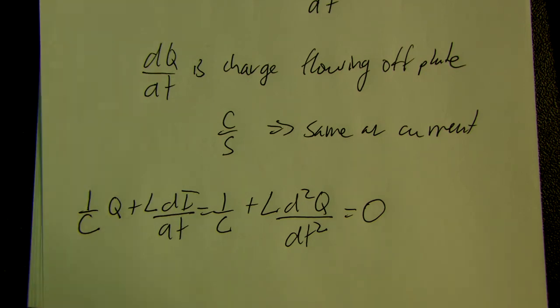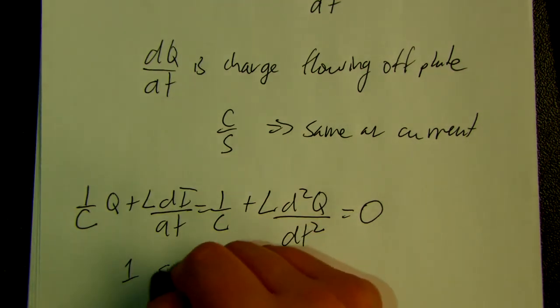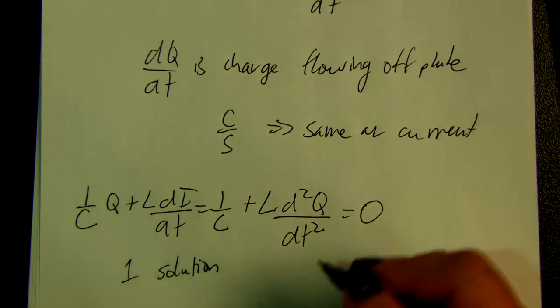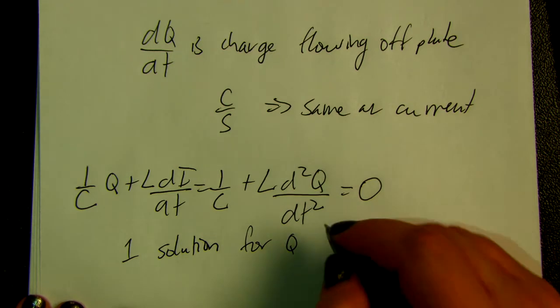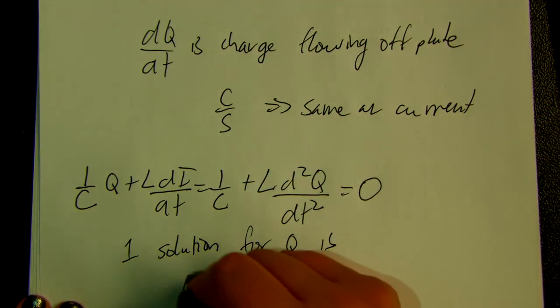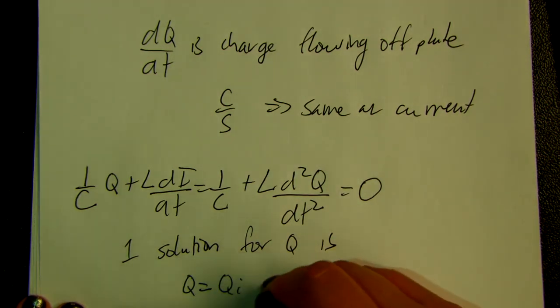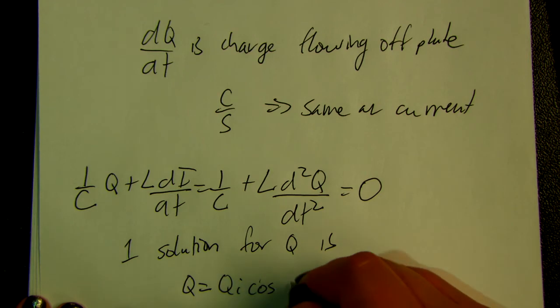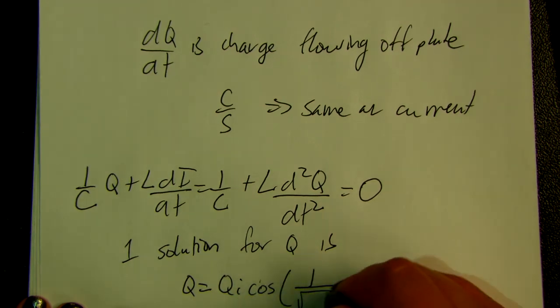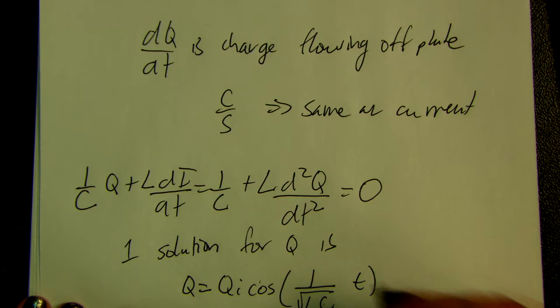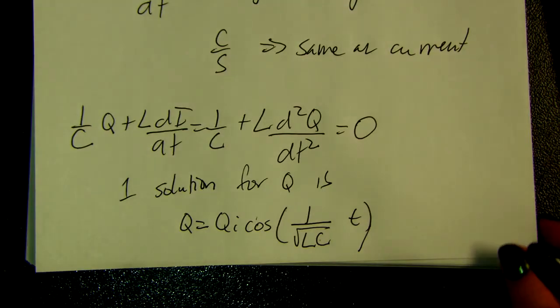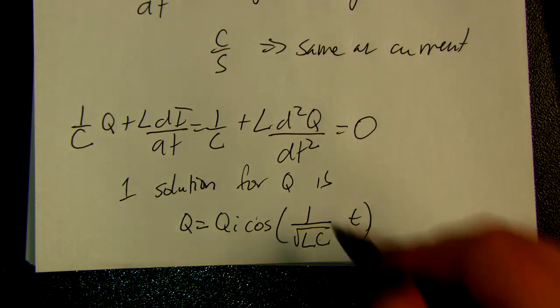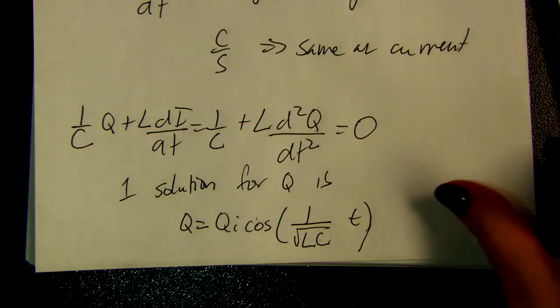All right, there's a couple solutions that work for Q, but the one that we will focus on is Q is equal to Qi cosine of (1 over root LC) times t.